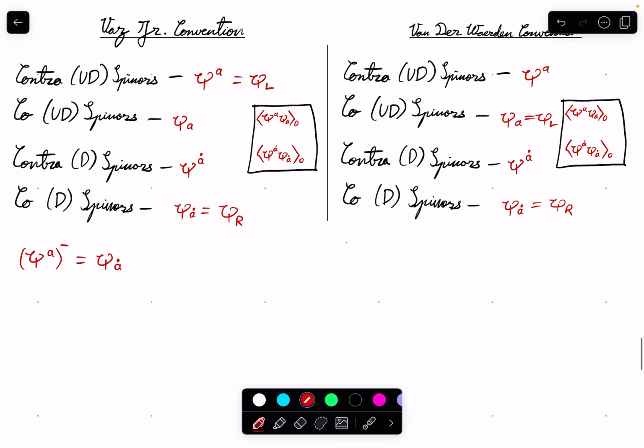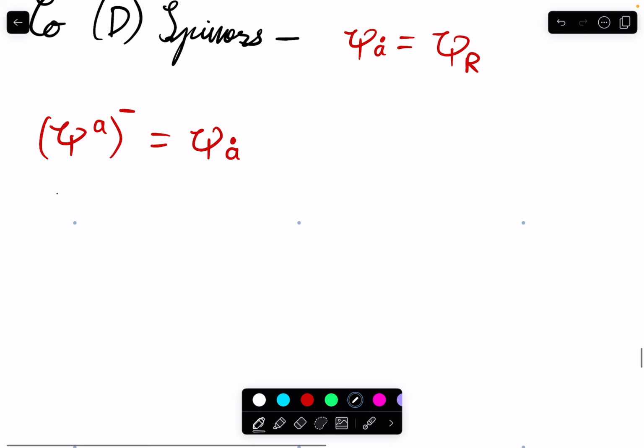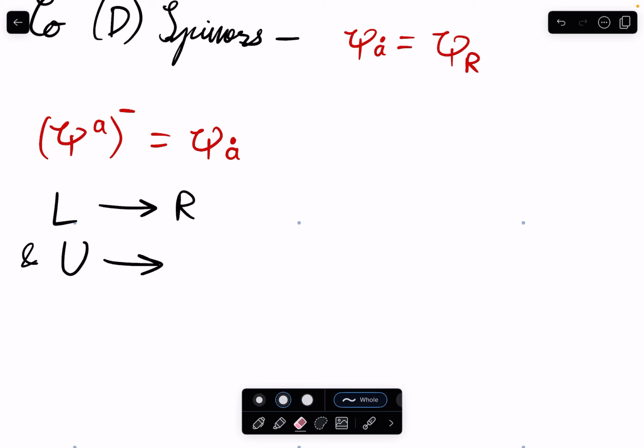What this corresponds to is that if you have a spinor and then you apply grade involution, then you stay contravariant but you add a dot, so you go from left to right, and from up to down on the index.